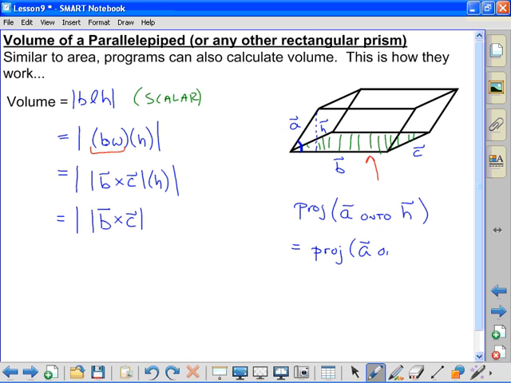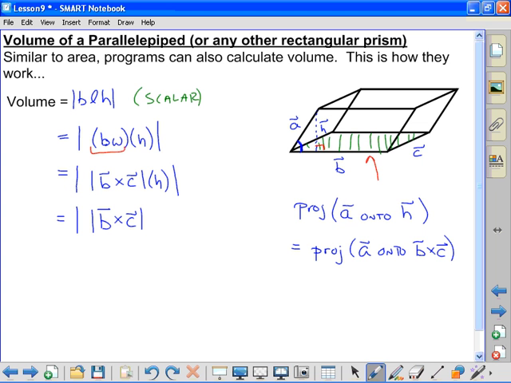The H vector is perpendicular to the base, which means that if we were to take the cross product of B and C, it would give us our H vector.